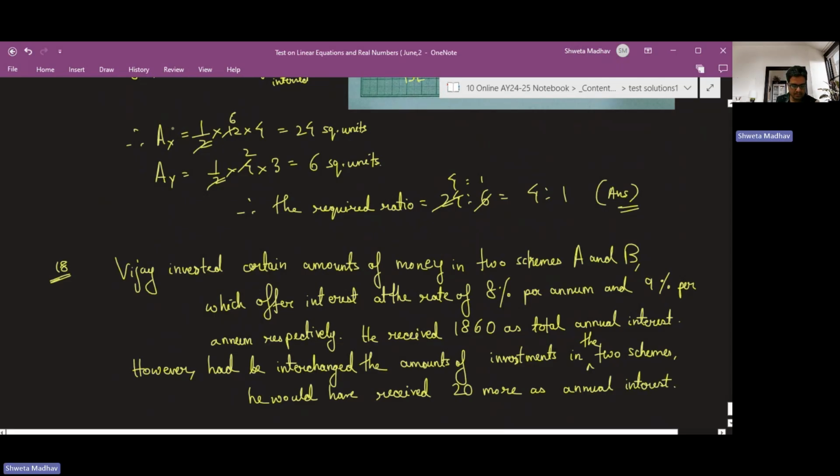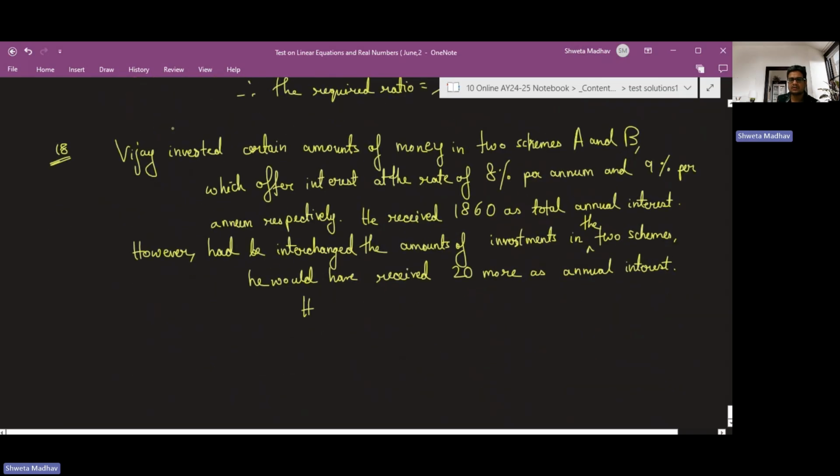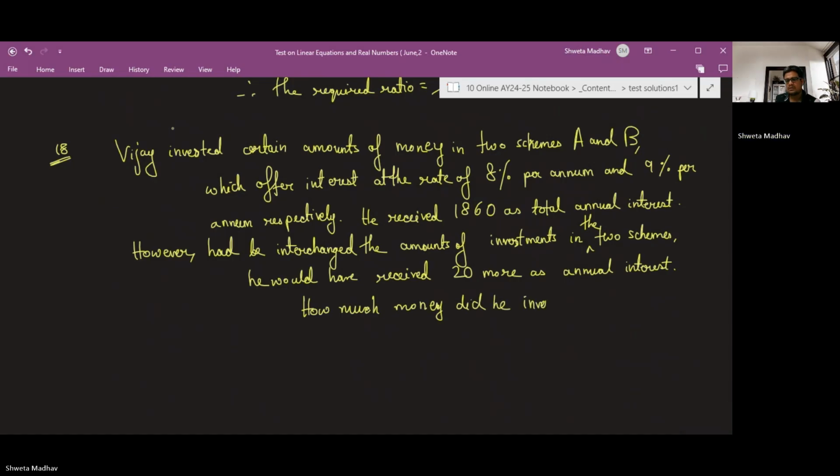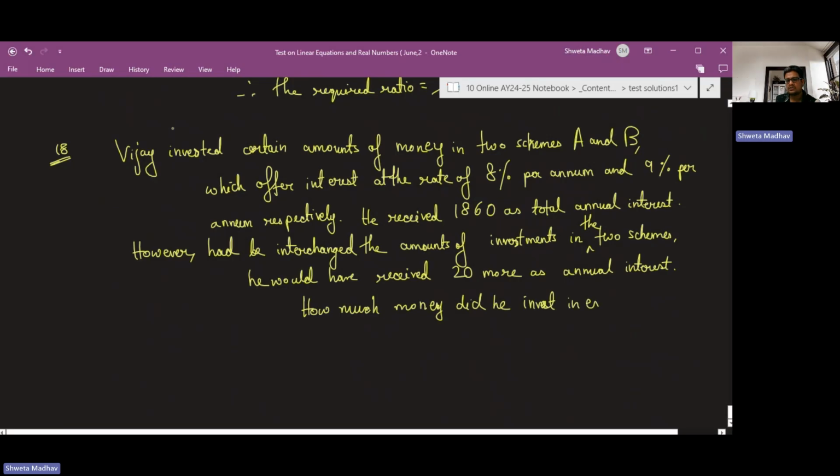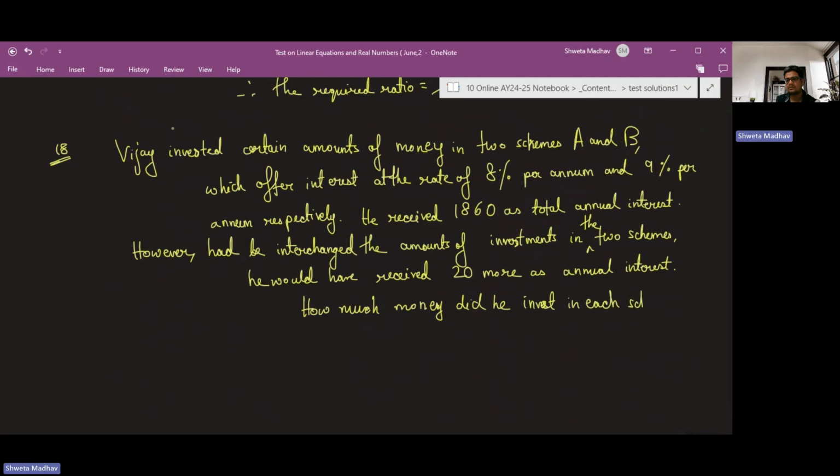How much money did he invest in each scheme? When it is asked how much money did he invest, how much money did he invest in each scheme? So this we have to solve.